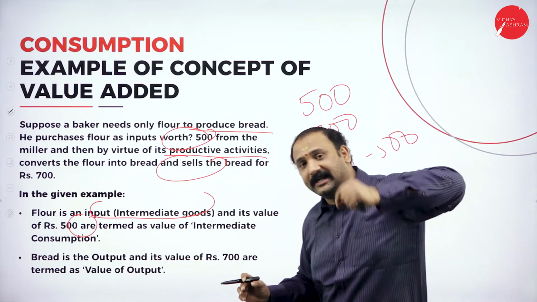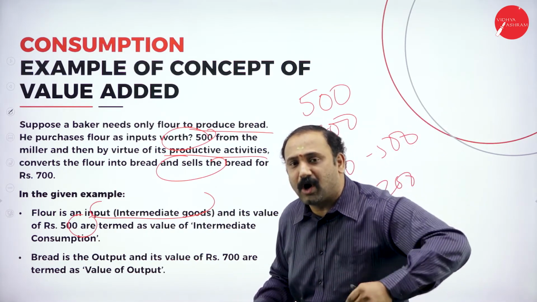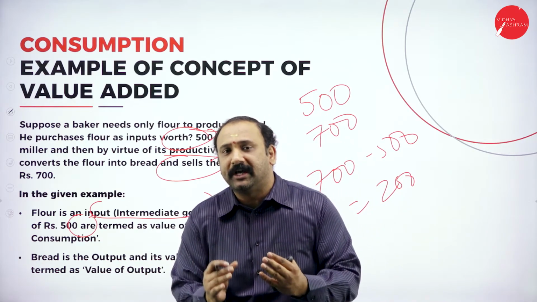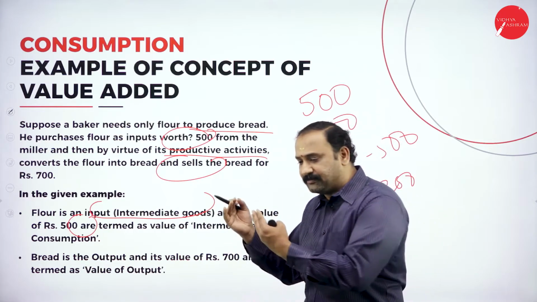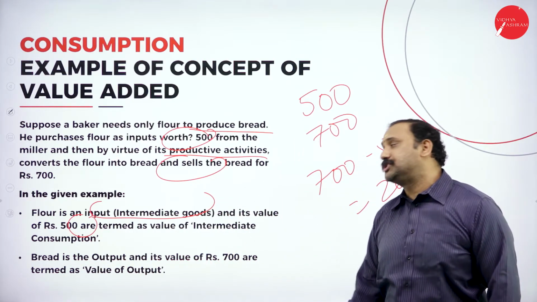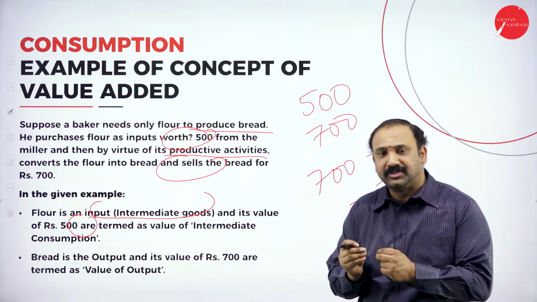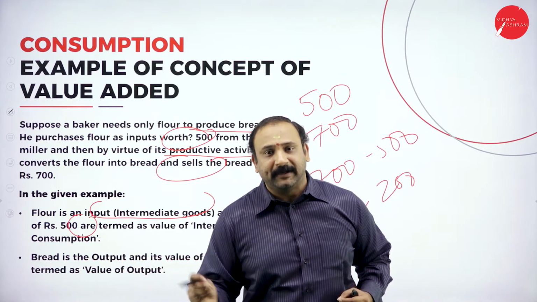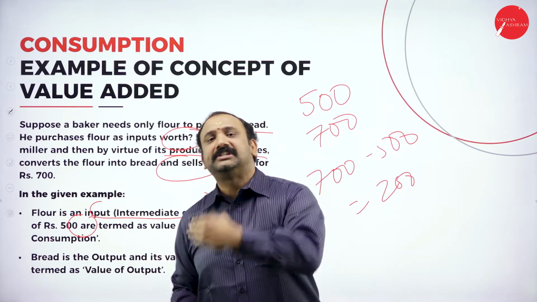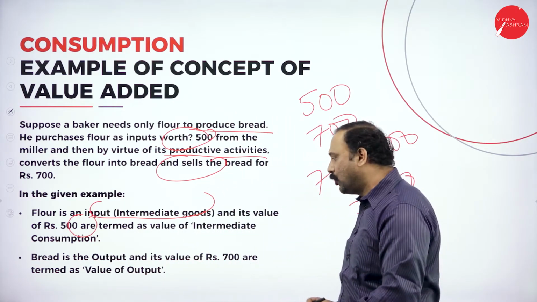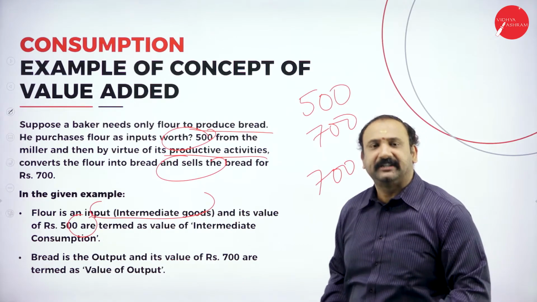So the value added methodology matters a lot. Why? Because we are talking about the conversion of goods into something productive, into something valuable altogether, which you and me would not be able to see through our naked eyes. But over a period of time, when you understand the flow, when you understand the production activity that goes on, you will be able to appreciate the output.